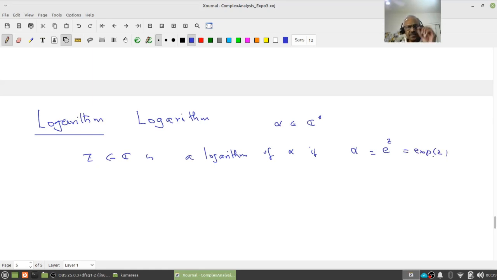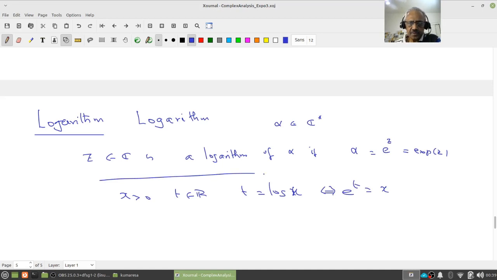Notice that this is in tune with what you do in real analysis. If x is positive and t in R is a logarithm of x, it simply means e power t is x. So keep this in mind. In view of that we define logarithm.